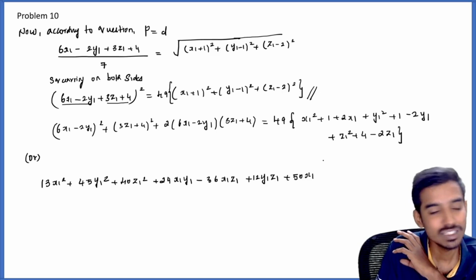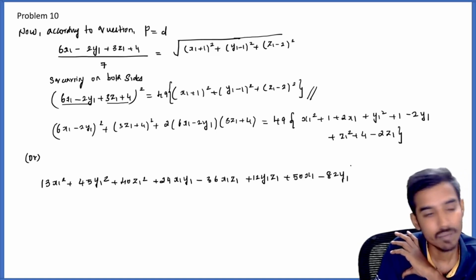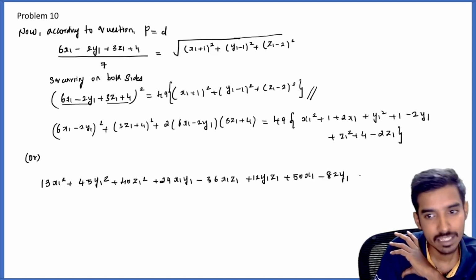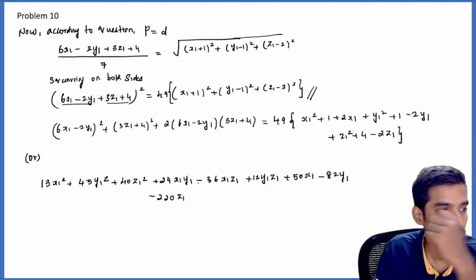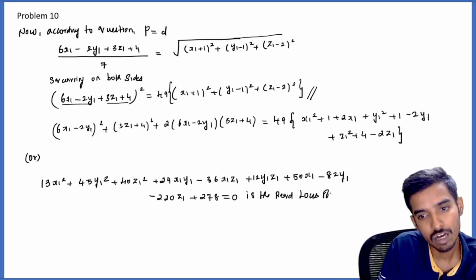Very long equation. So 50x1 minus 82y1 minus 220z1 plus 278 is equal to 0 is the required locus of P, right?